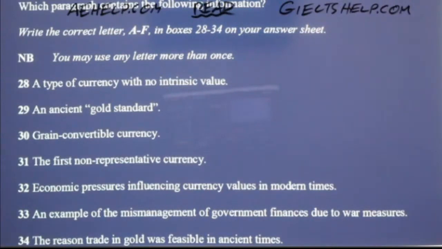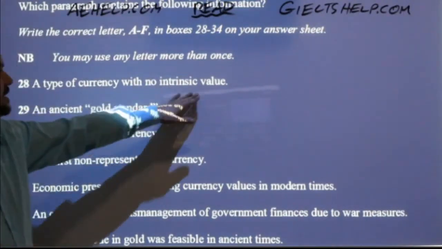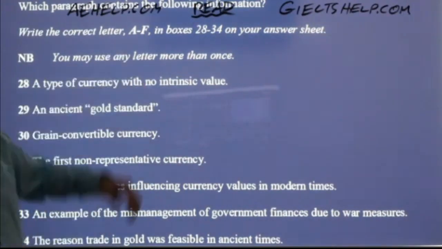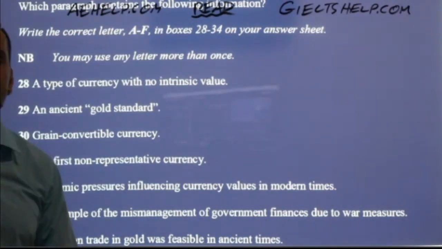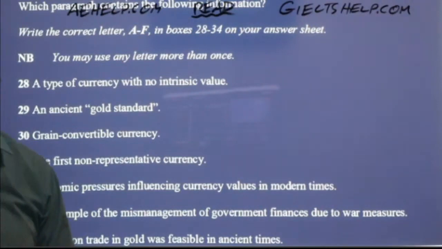A, B, C, D, E, or F? A type of currency with no intrinsic value. Which paragraph first talks about the money that has no value?